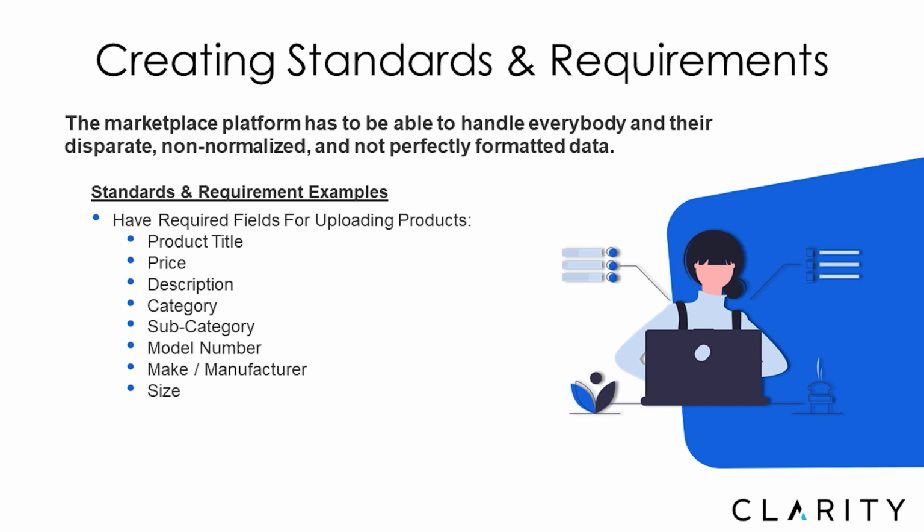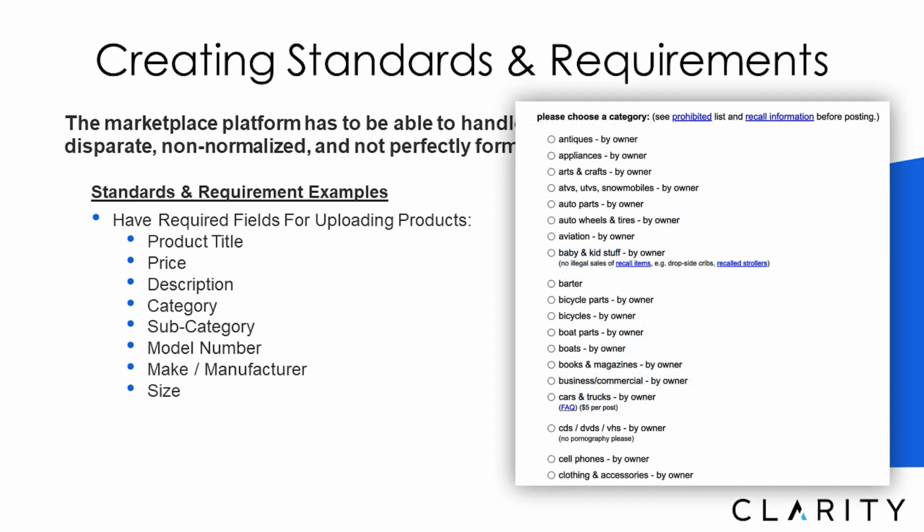So I can have specific templates that are for different types of things. I don't know if you've ever listed anything on Craigslist, but the first thing when you go to Craigslist, it comes up and says, what is it? What are you trying to sell? And it has this radio. You can only pick one, and it might be furniture or clothing or whatever. And then based on what you pick in your marketplace, you can upload a pre-done template.